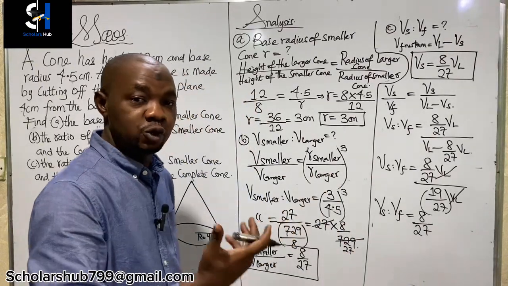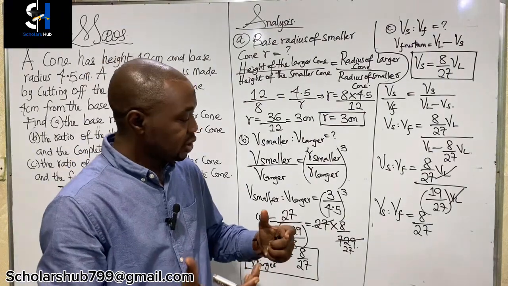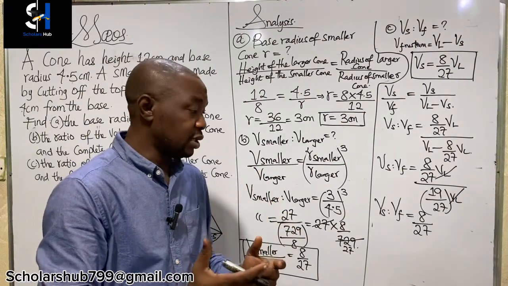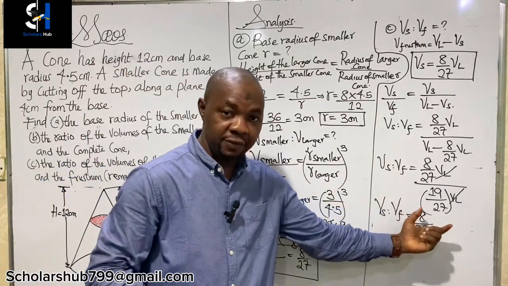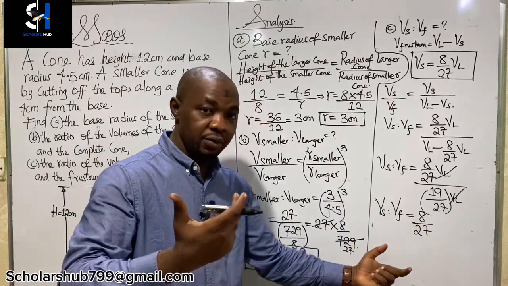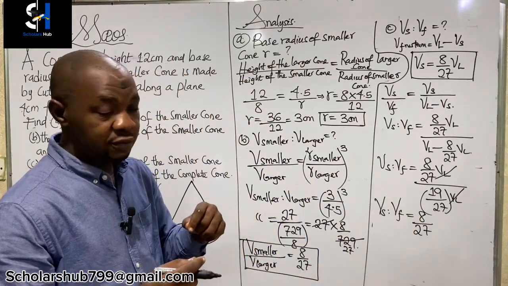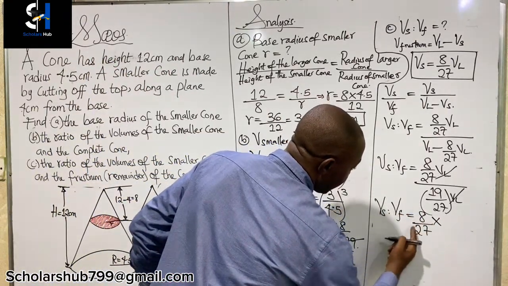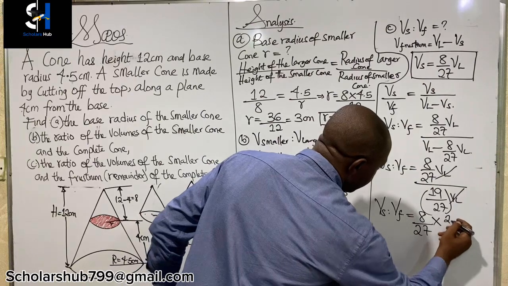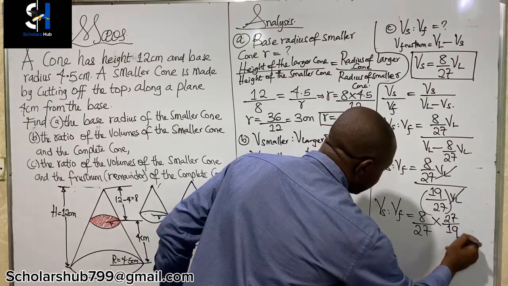That's division of two fractions. So in this case, we change the division sign into a multiplication sign. The fraction which is under will flip and become 27 over 19 when we multiply. So we multiply 8 out of 27 by 27 over 19.